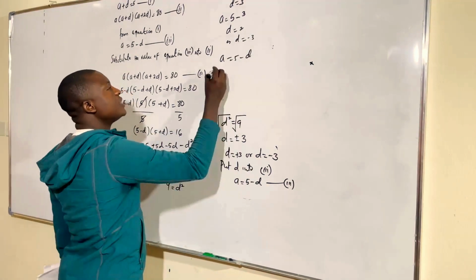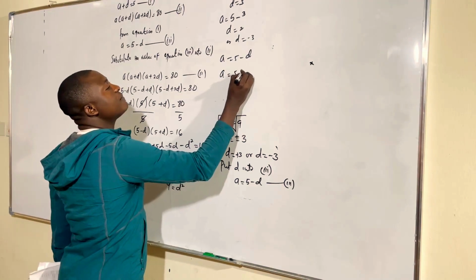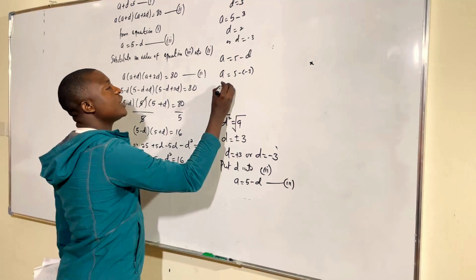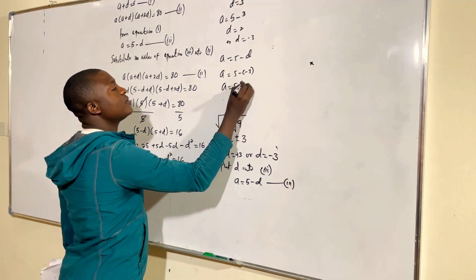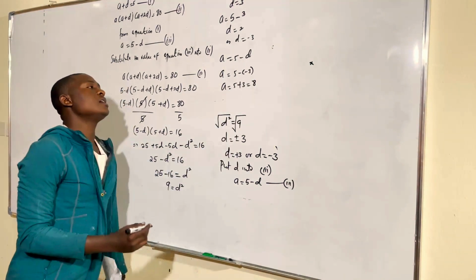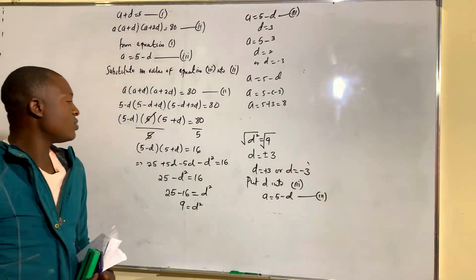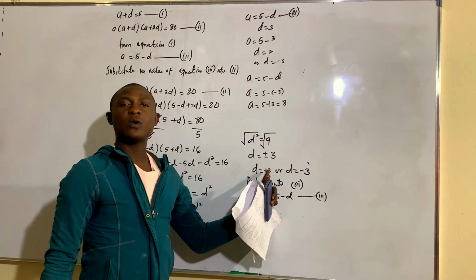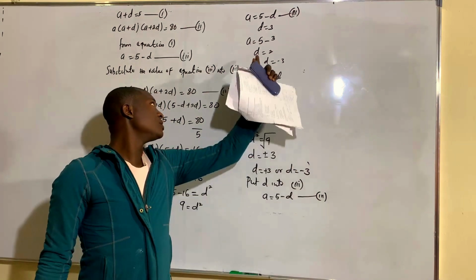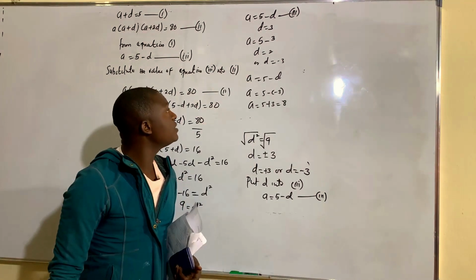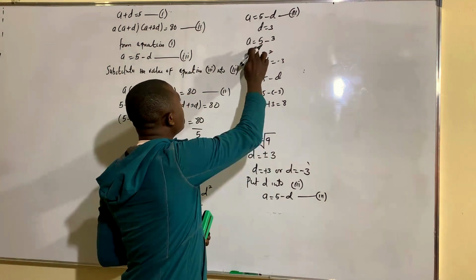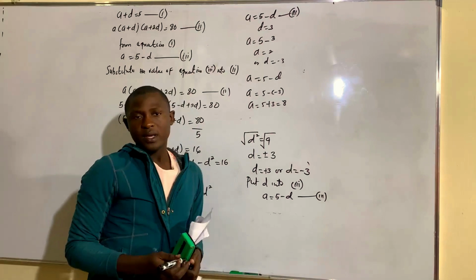So for d to be minus 3, I can have a is equal to 5 minus minus 3 because the d is negative now. So here we have a is equal to 5 plus 3, meaning my a is equal to 8. So here what we have now is that d can be plus 3 or minus 3, and a can be 2 or it can be 8.